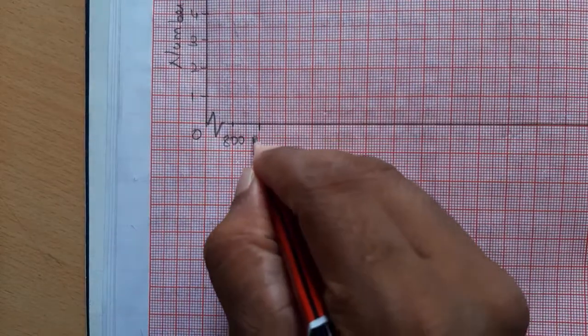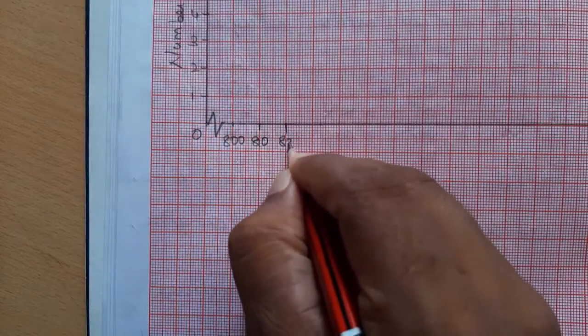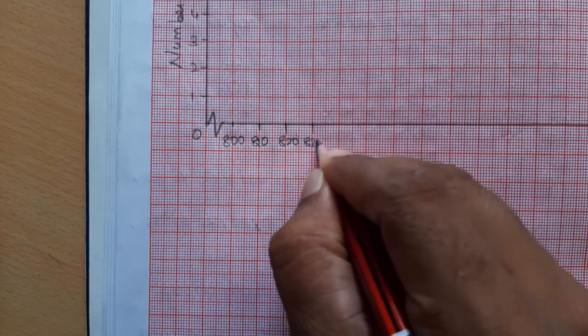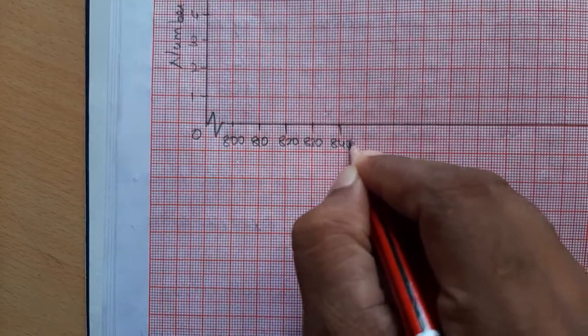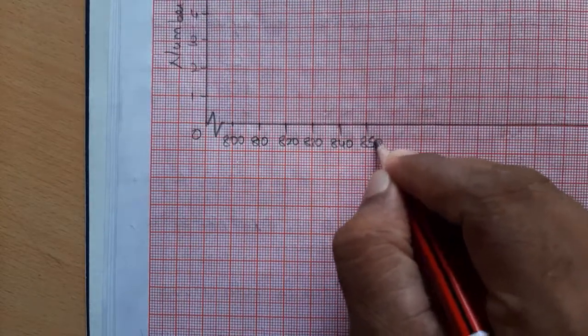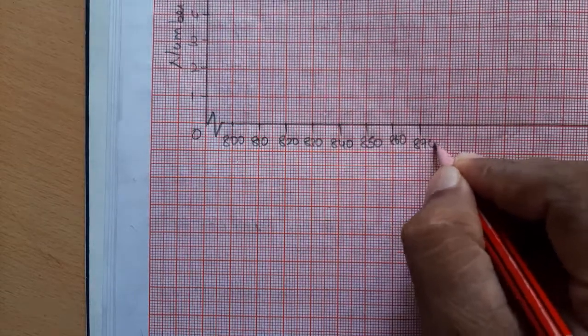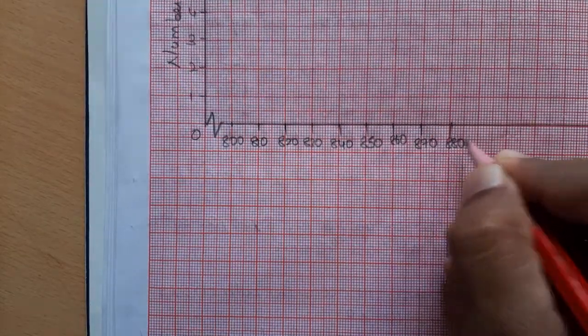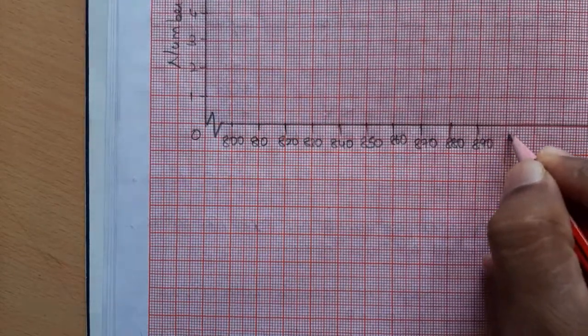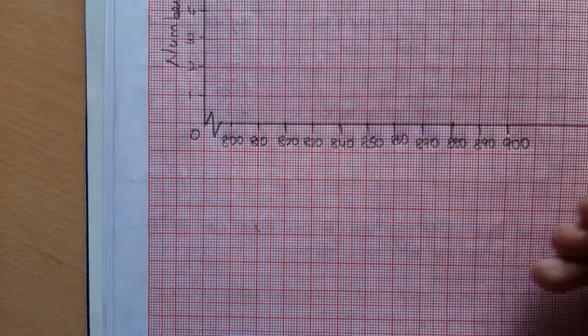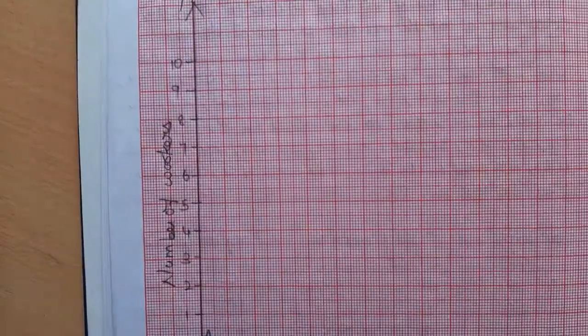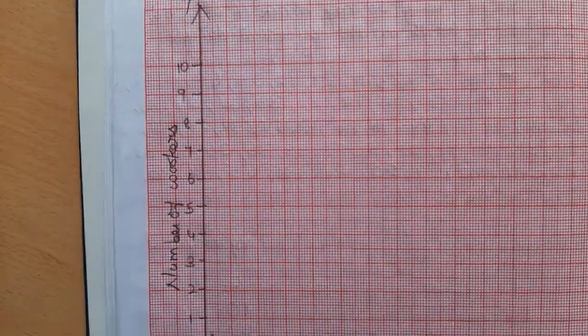So here 810, 820, 830, 840, 850, 860, 870, 880, 890, 900, right? Now let me draw the histogram, with no gap, since it is a continuous interval.